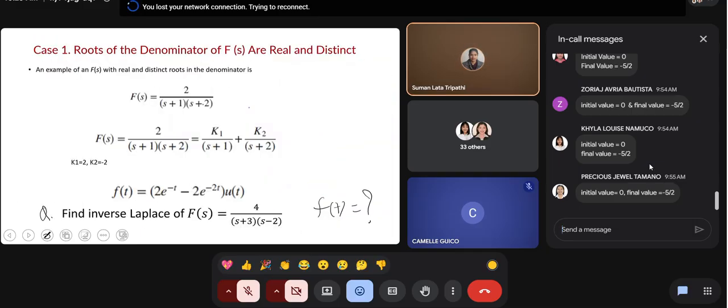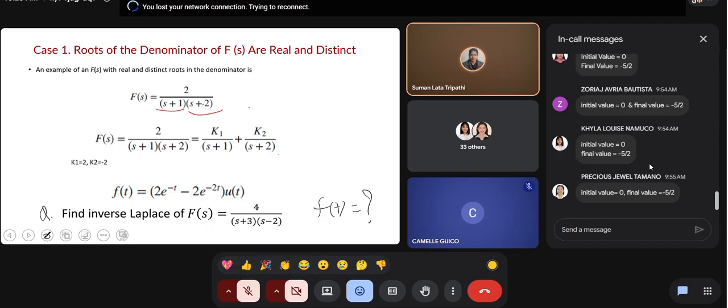Now if it is possible to factorize, or it is already in factor form, like here there are two factors, s equals minus 1 and s equals minus 2, in this case you can use the partial fraction expansion method.